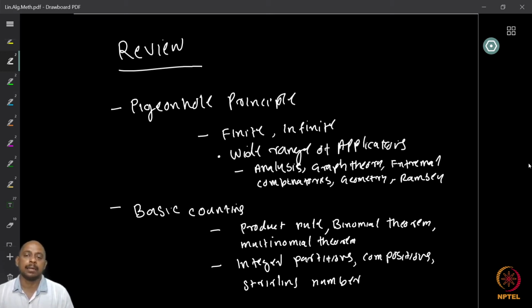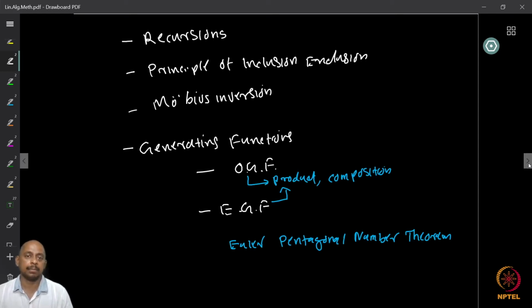Then looked at set partitions. And then related to this, we looked at Stirling numbers. And then we saw that Stirling numbers can be stated or computed using recursions. And then we learned about recursions like the Pascal recursion, Stirling recursions.